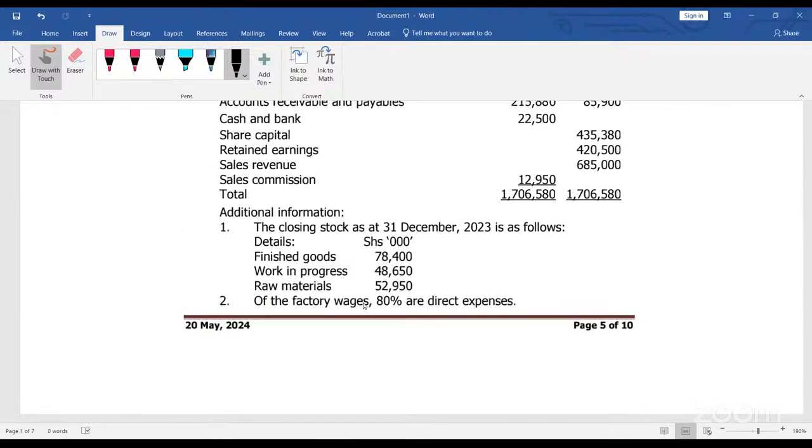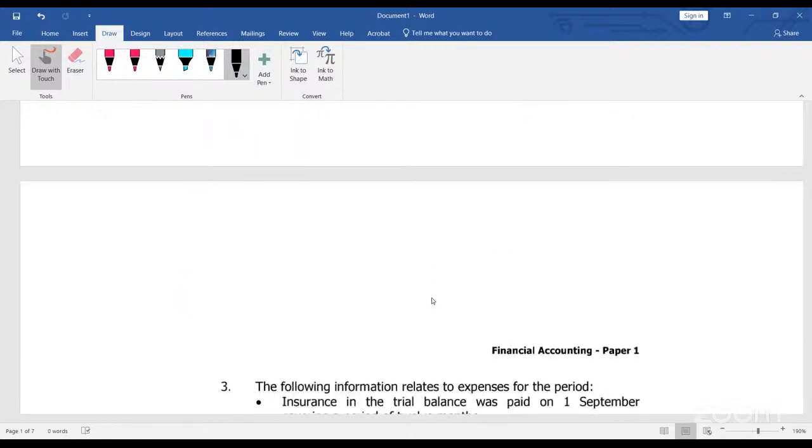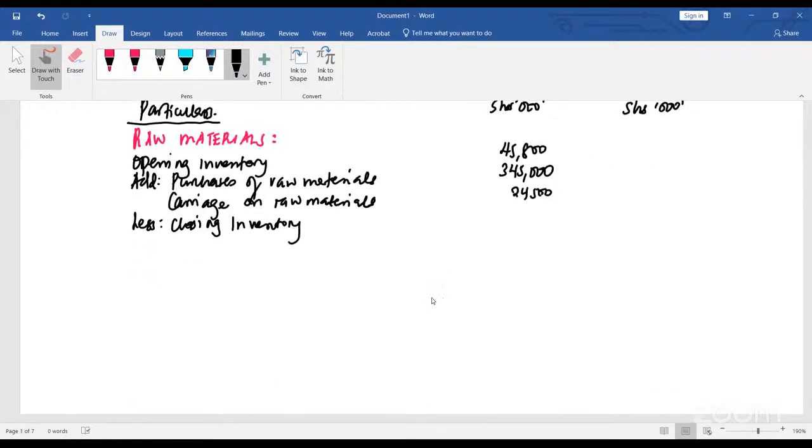The closing inventory of raw materials is 52,950. Those with calculators, please do the addition and subtraction, then we see what we have.